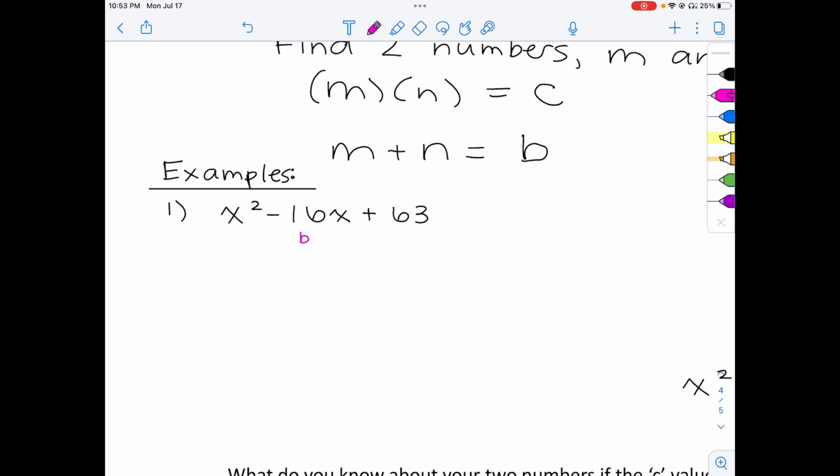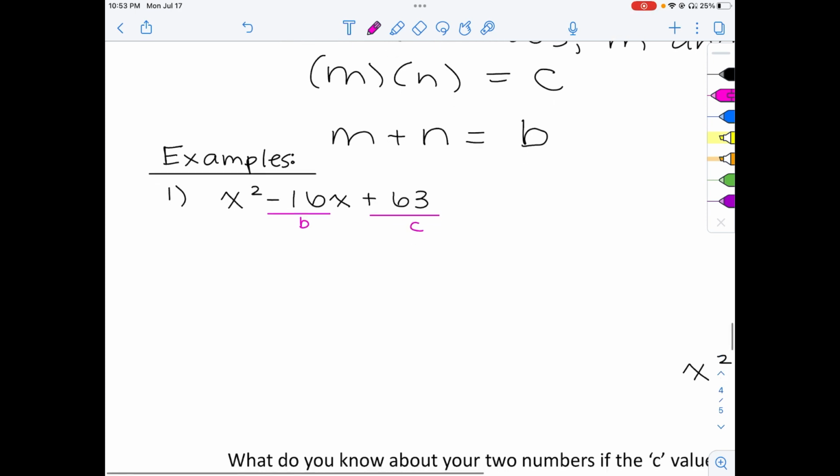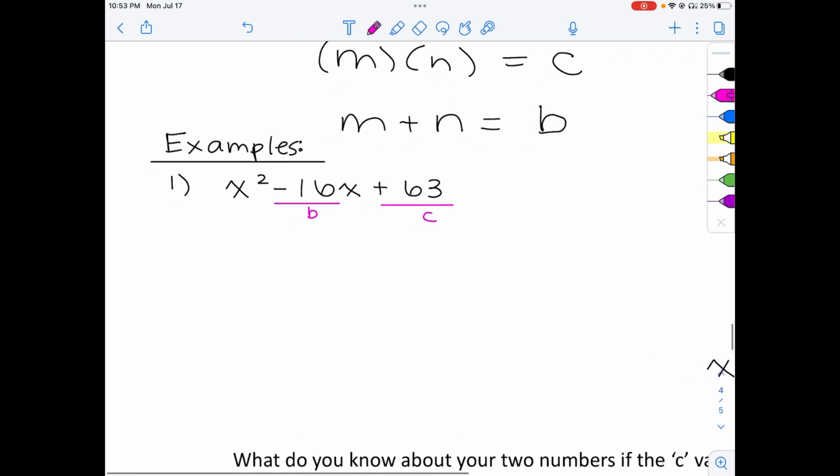My b value is negative 16, and my c value is positive 63. Okay, so I want to find two numbers that multiply, so something times something gives me positive 63, and something plus something, so they add to give me negative 16.